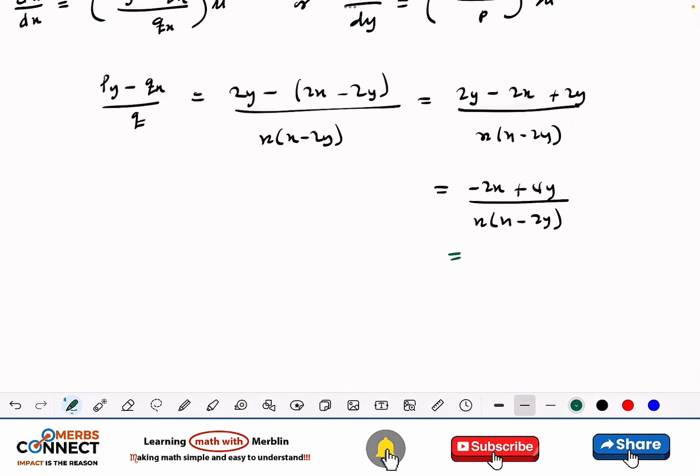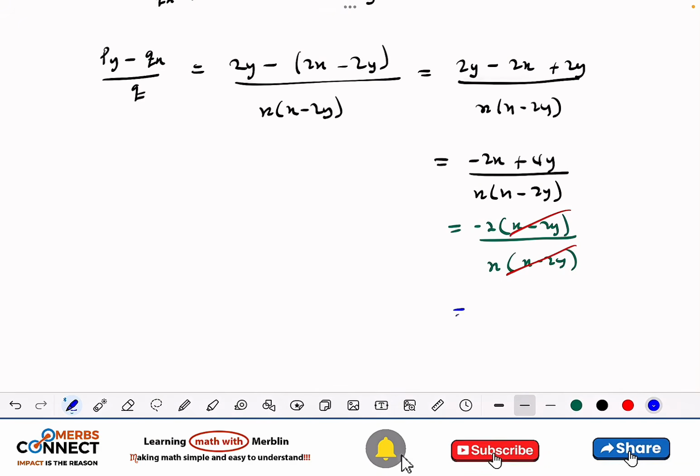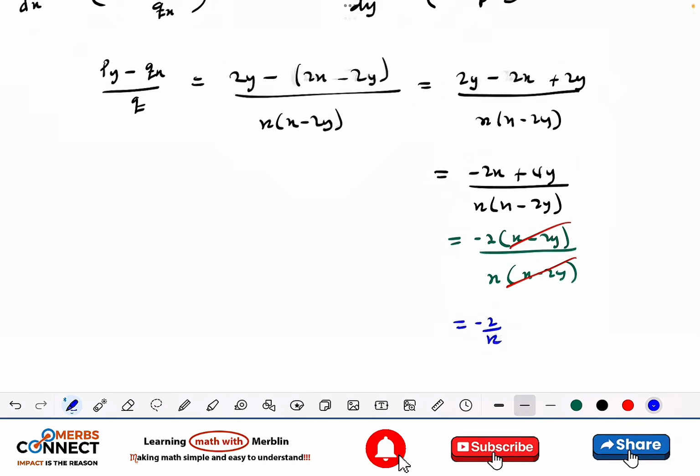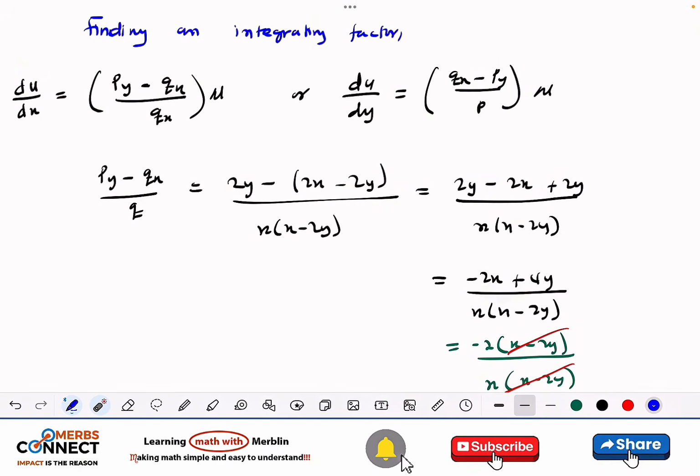So when I factor minus 2 out, this one is going to be x and this one is going to be minus 2y. Is that true? This time this will be this, and then minus 2 times this will be that. Good, that's true. So this will be x minus 2y. Nice. So now we are going to have this one to be minus 2 divided by x. Good. So without even doing the other side, we know that this is going to work. So we don't need to go through this.